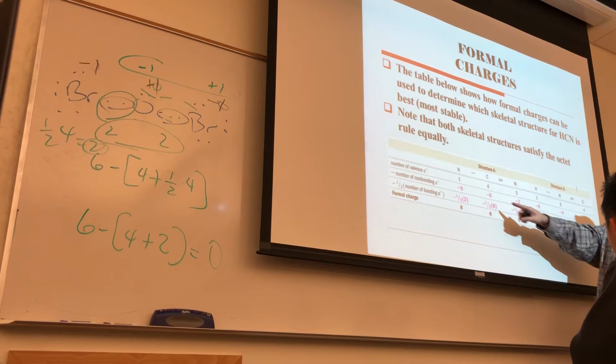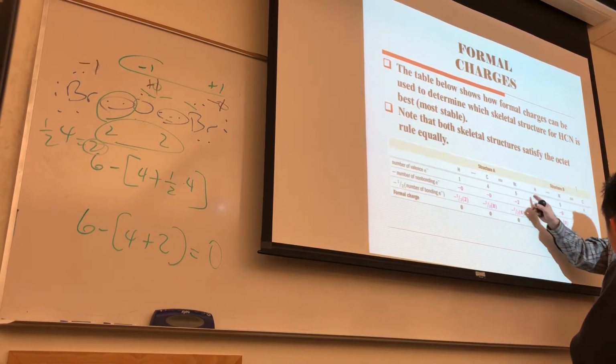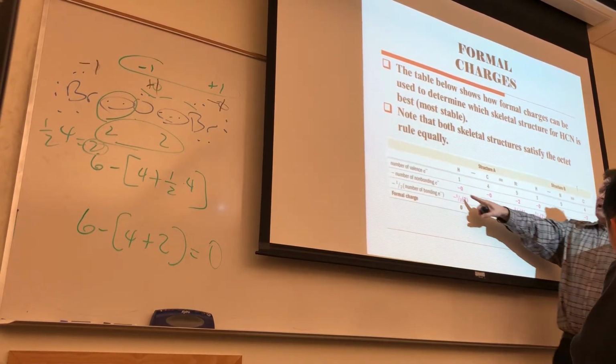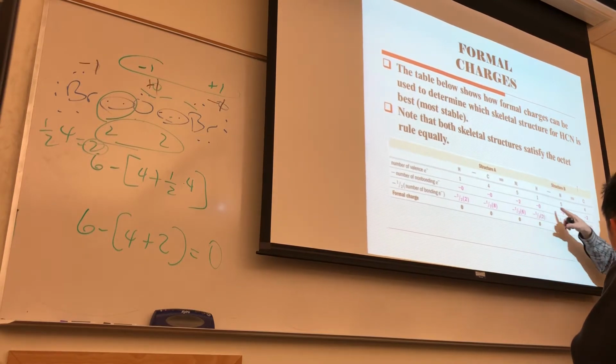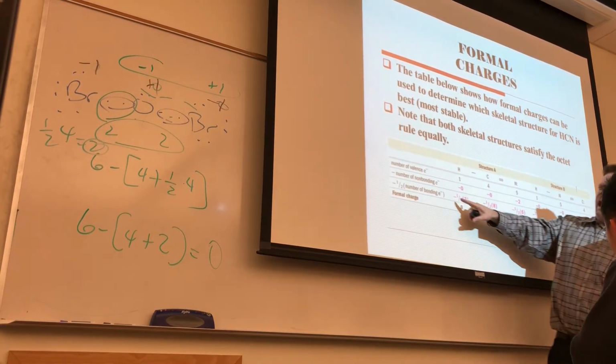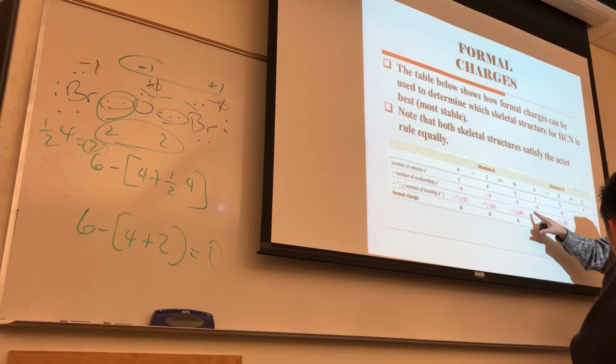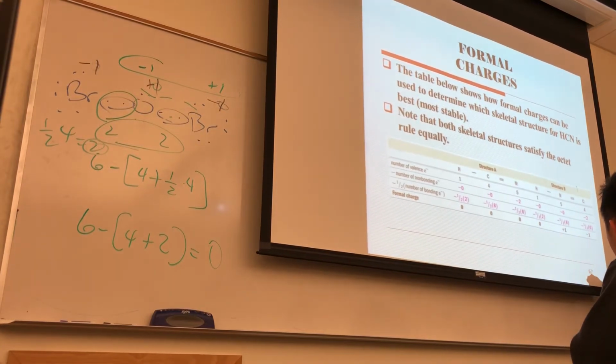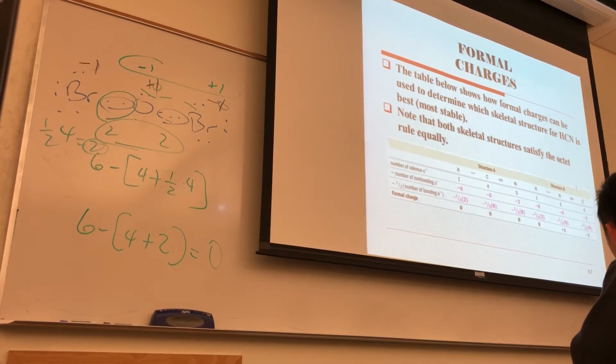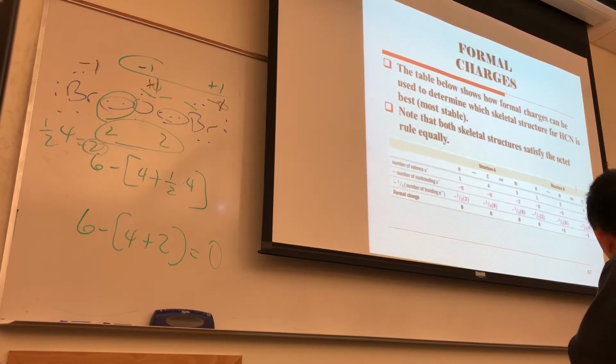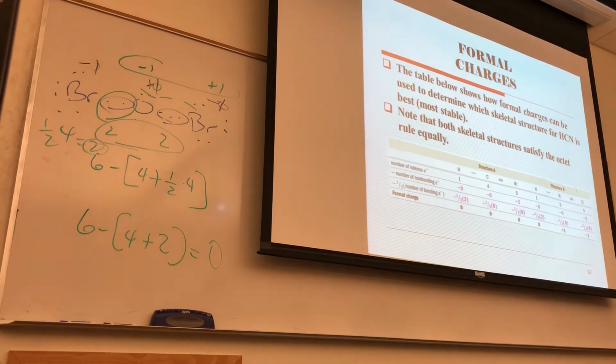I use formal charges: number of valence electrons, number of non-bonding electrons, and half the number of bonded electrons. And I go across. Then I figure out the formal charges of the H, C, N. Over here the H is 0, over here the N is +1, and over here the C is -1. So we want structure A, because it has the least formal charges, that is the most stable compound.